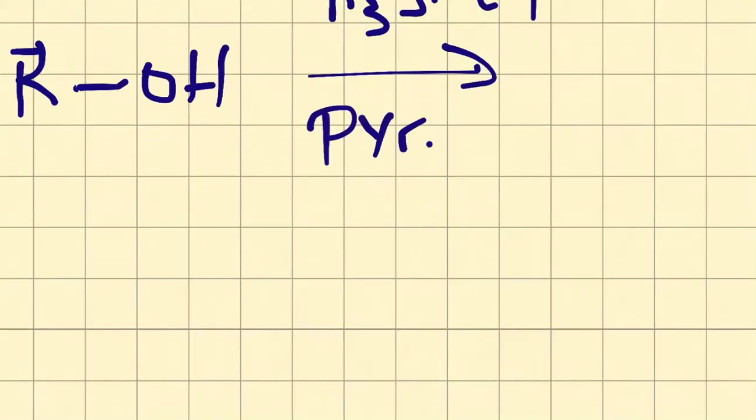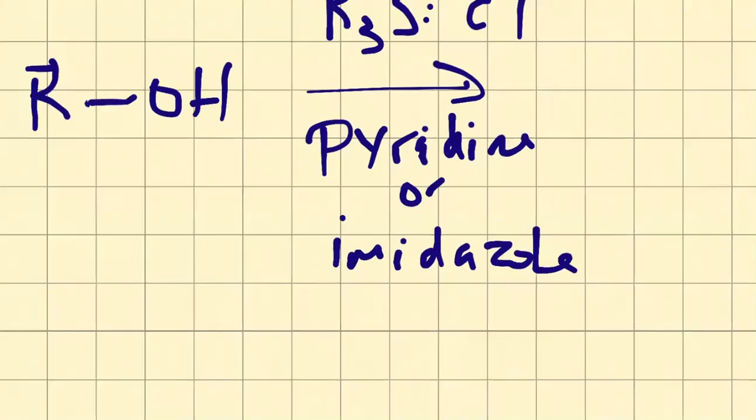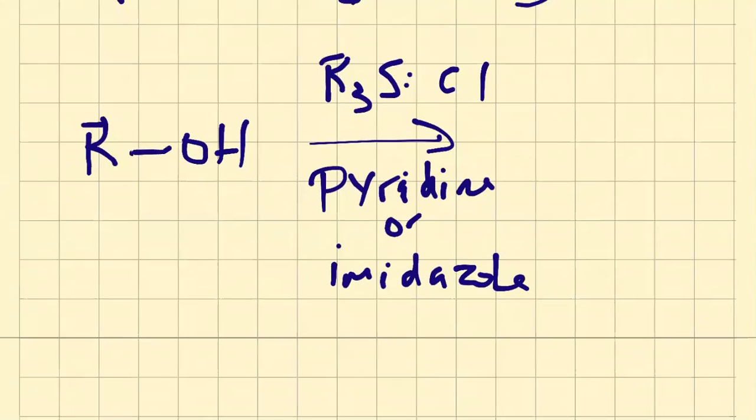All right, so pyridine or imidazole, either one, with a silyl chloride and alcohol, and what happens is you end up with a silylated oxygen, right?